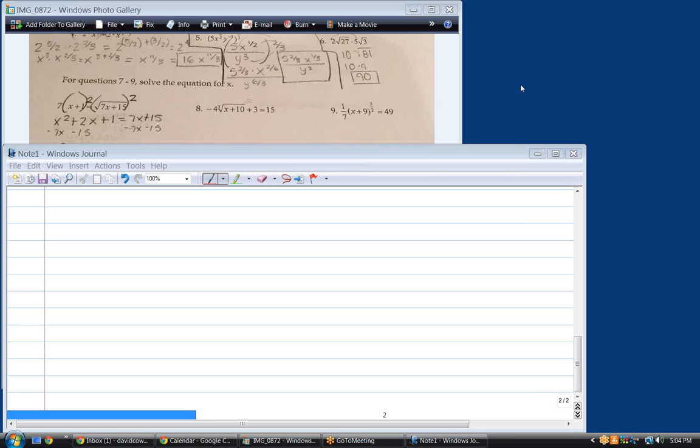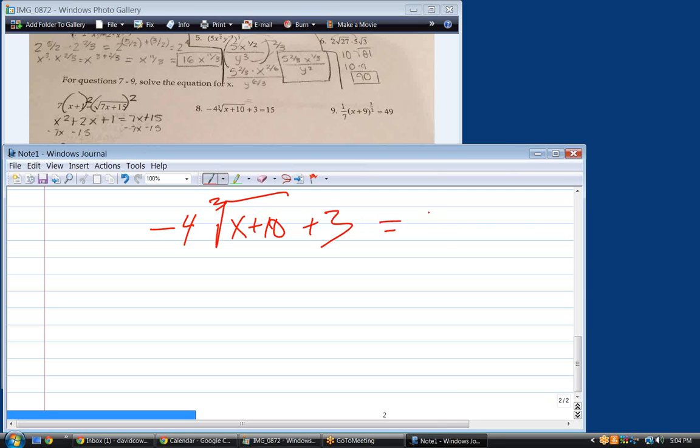How do I isolate it? Right now it's being multiplied by 4, and we're adding 3 to it. So how do we isolate just the radical part? Subtract 3. Okay, that's a good start. Turns that into 12. Now what?